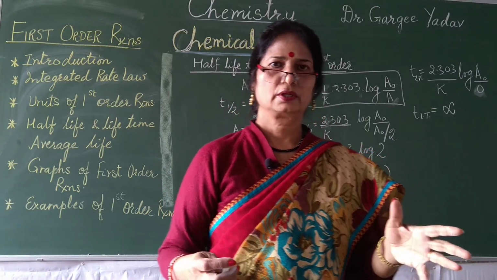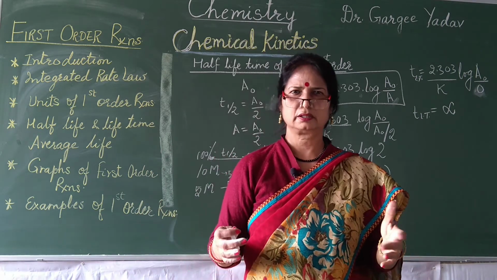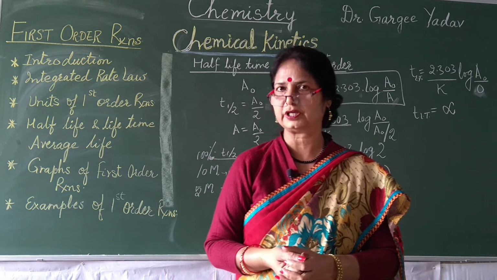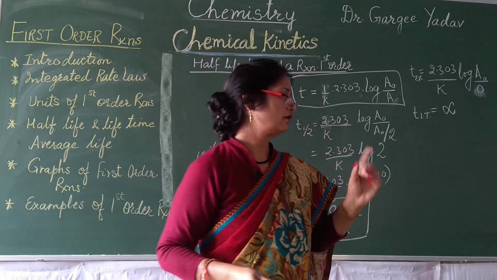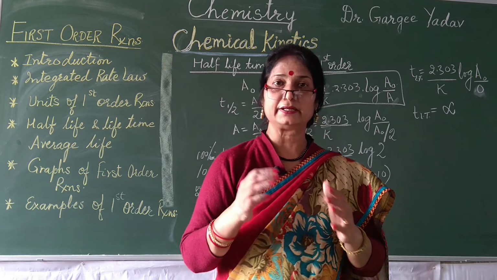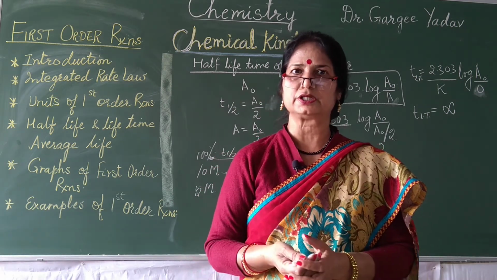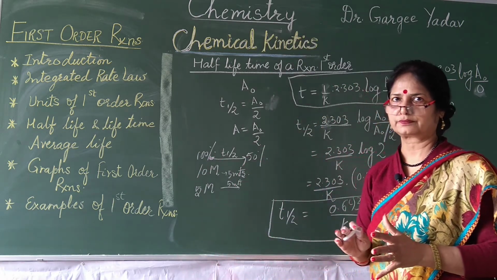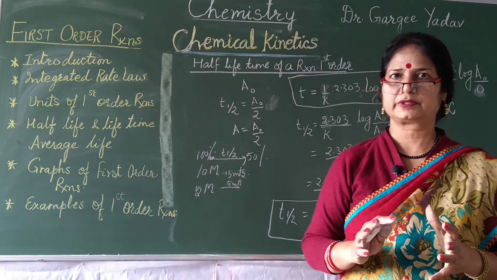In theory, in practice the whole of the concentration may finish, but in theory, a first order reaction never gets completed. It can be only 99.9% completed, but it will never be 100% completed.